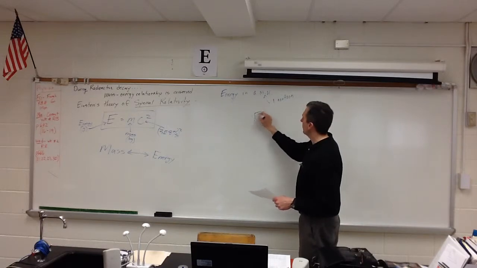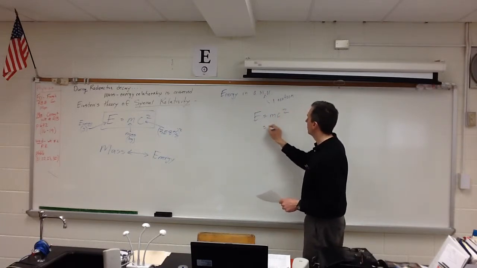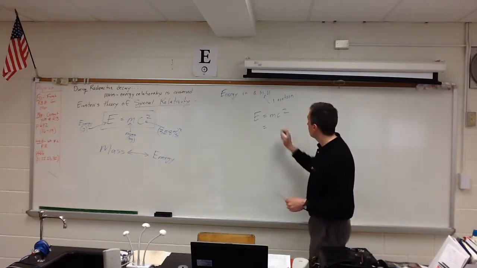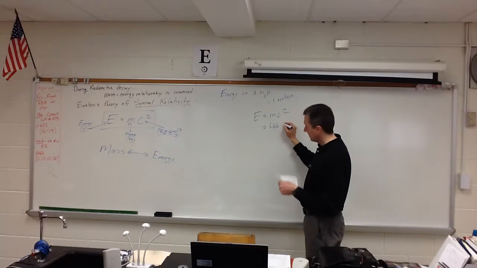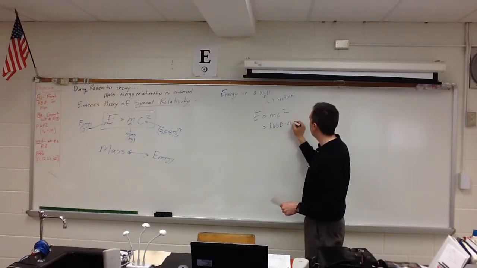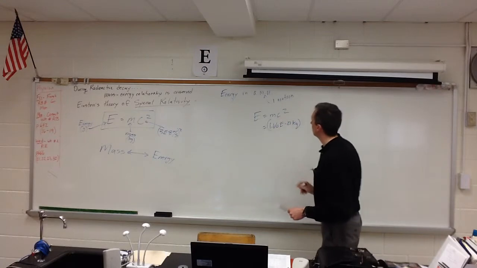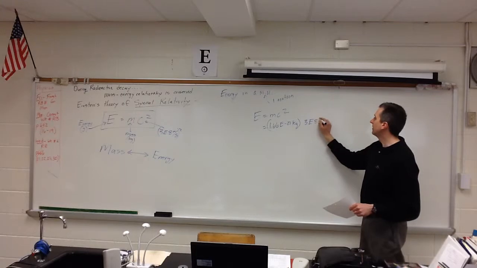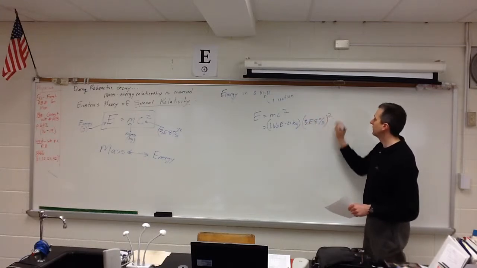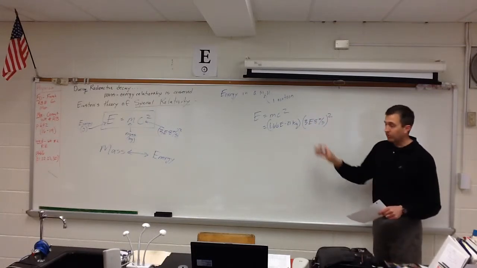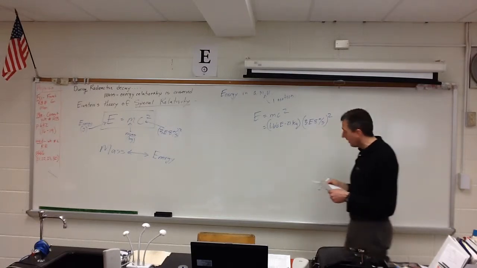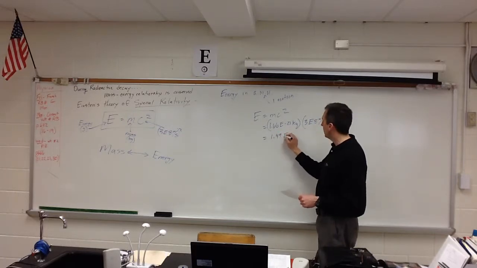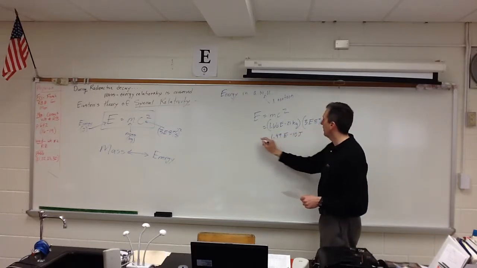So if we take E equals mc squared, and we plug in the rest mass of one neutron, which I looked up to be 1.66 E negative 27 kilograms, very small mass, and I multiply it by the speed of light squared. These are pretty awkward big numbers, but when I work this out, it gives me 1.49 E negative 10 joules of energy.